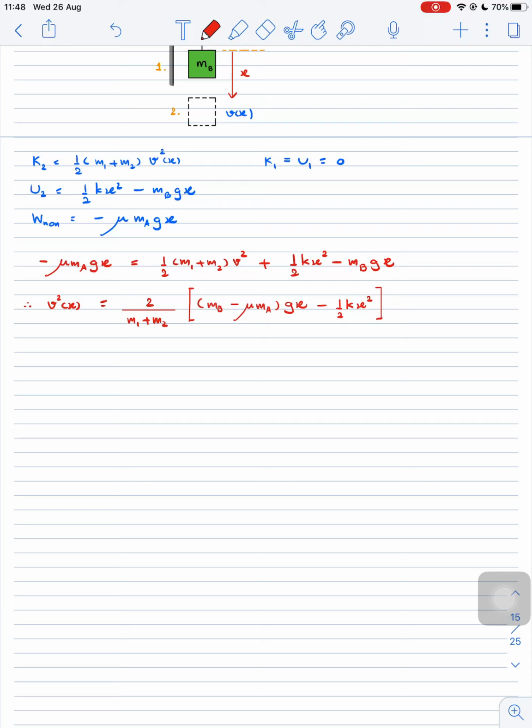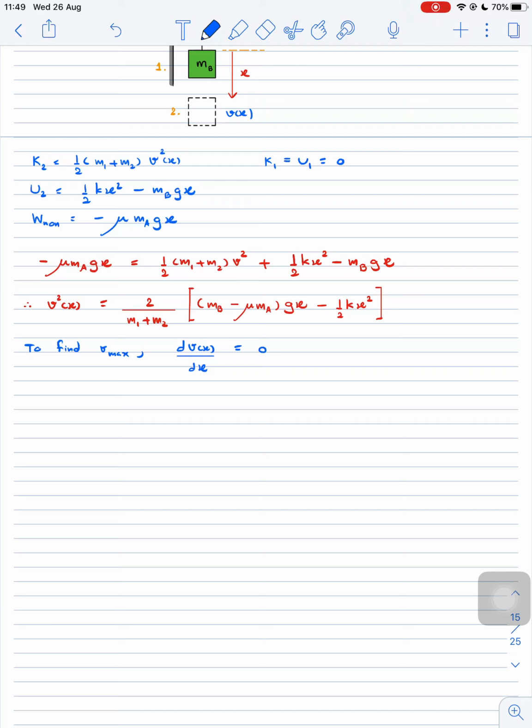Okay, but now this question needs us to find the v max, the maximum speed. Okay, so how? To find the v max, it means that the dv by dx must be equal to what?